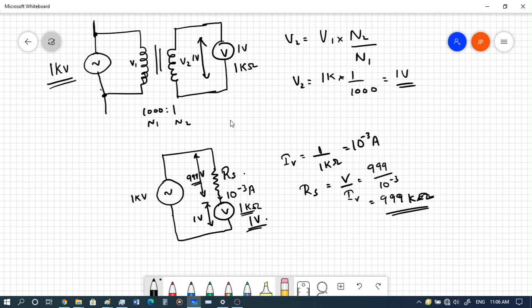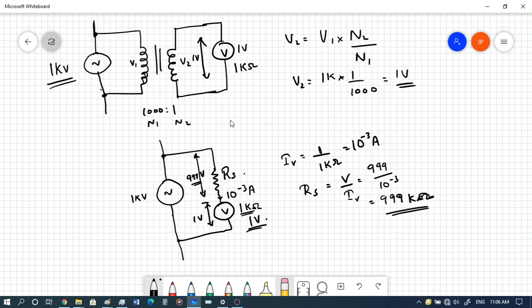But the problem here is that when you connect such a resistance and when you use a potential transformer, let's see what is the difference in the values of power consumption, right?